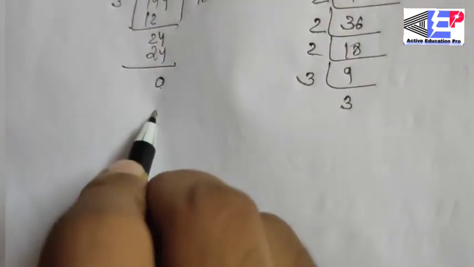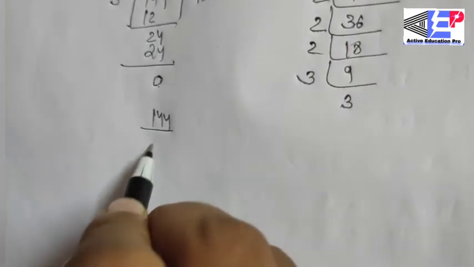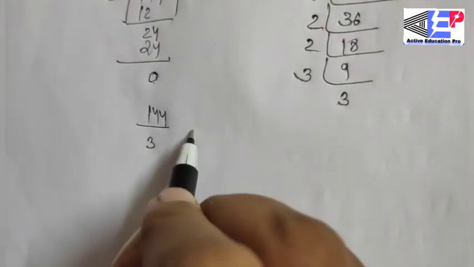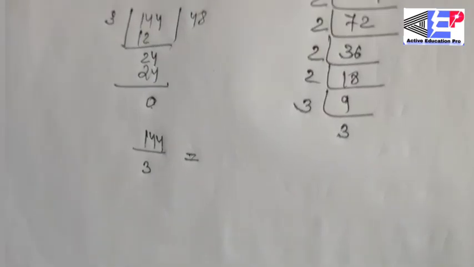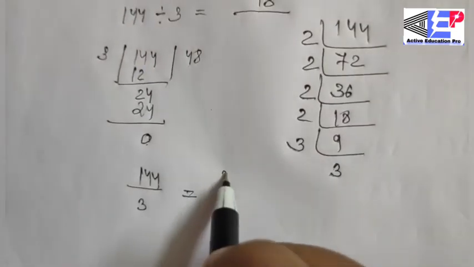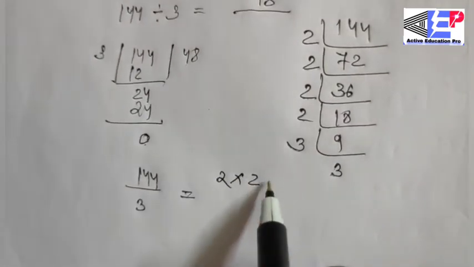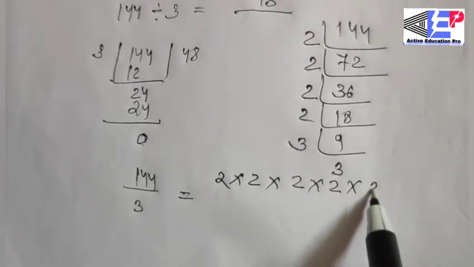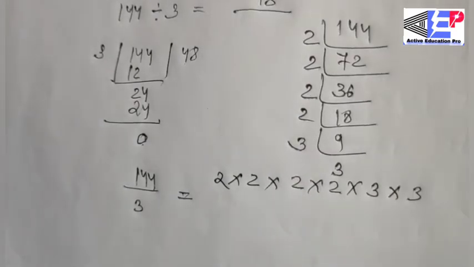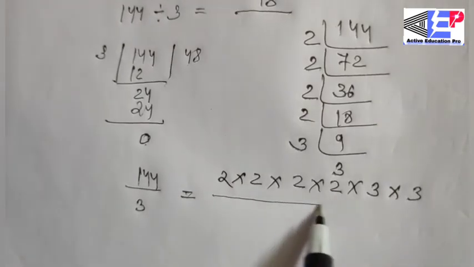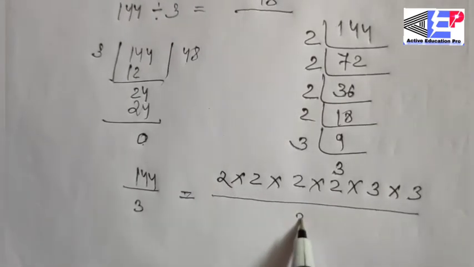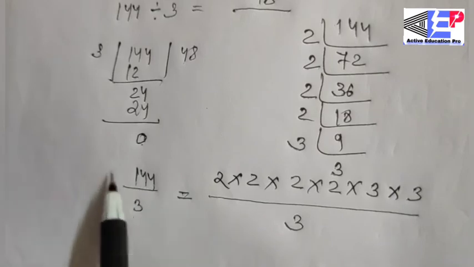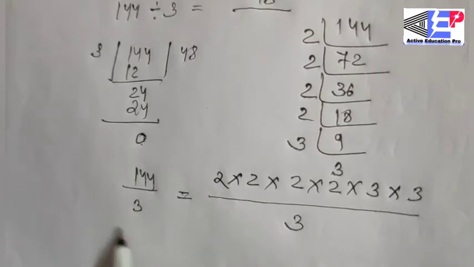Our question is 144 divided by 3. Then first factorize it. 144 is 2 into 2 into 2 into 2 into 3 into 3. Then divided by 3. This is numerator and this is denominator.